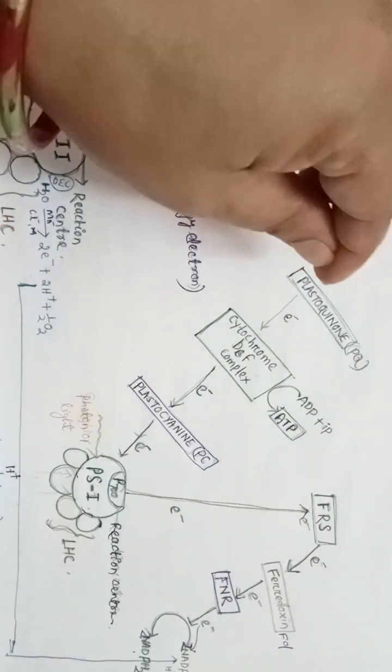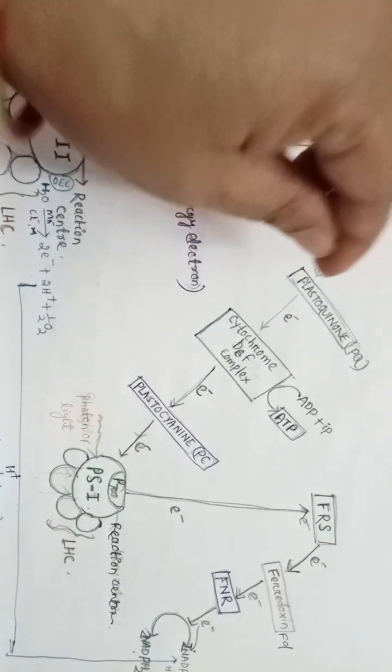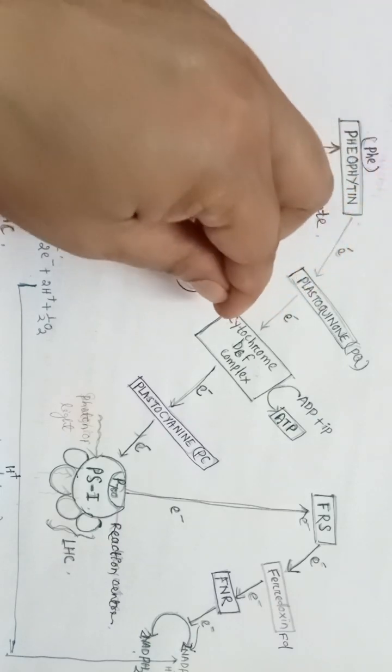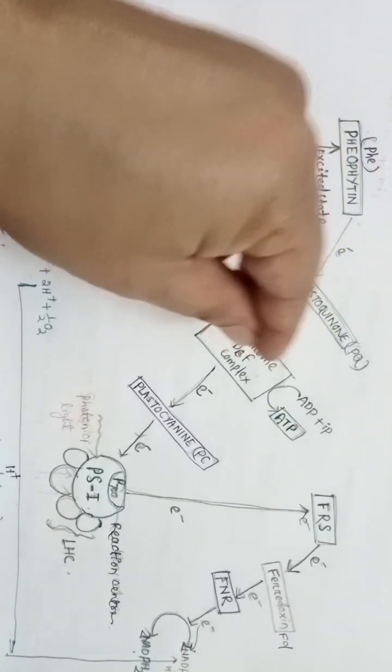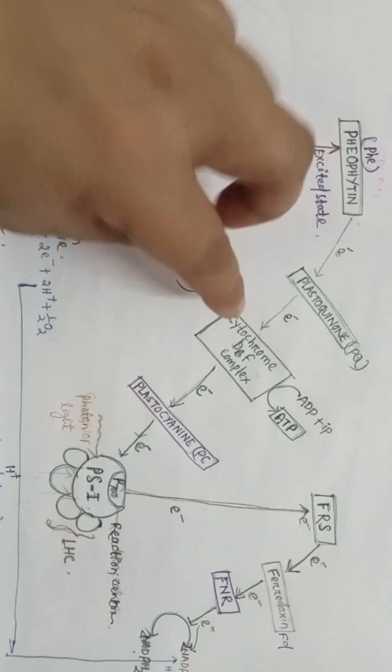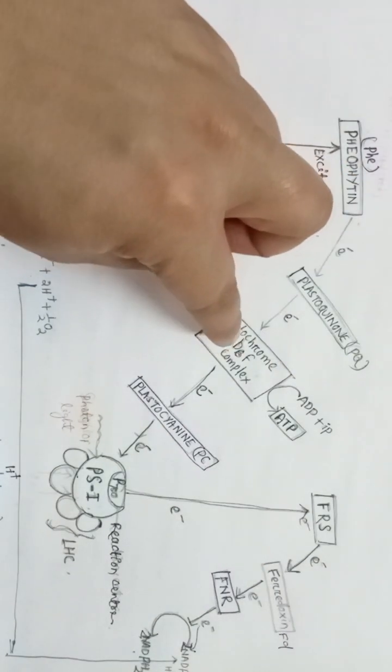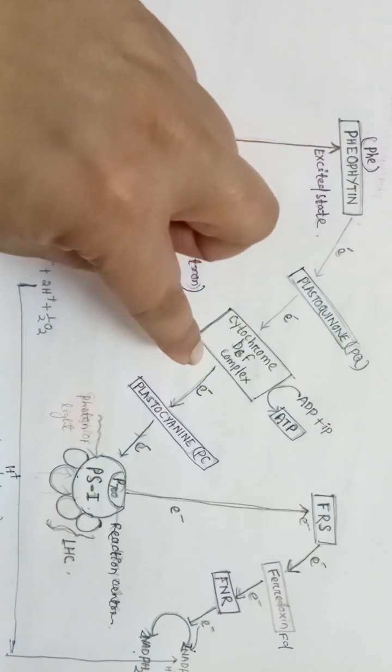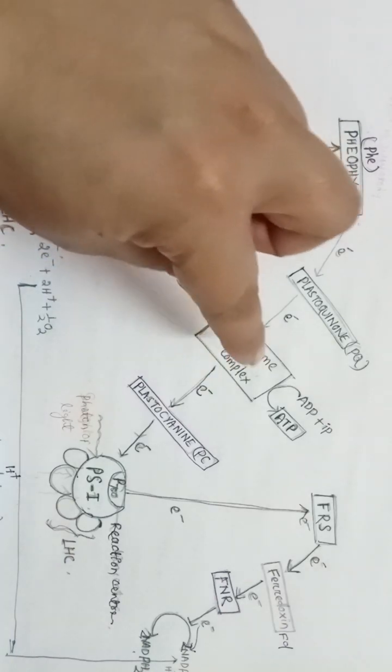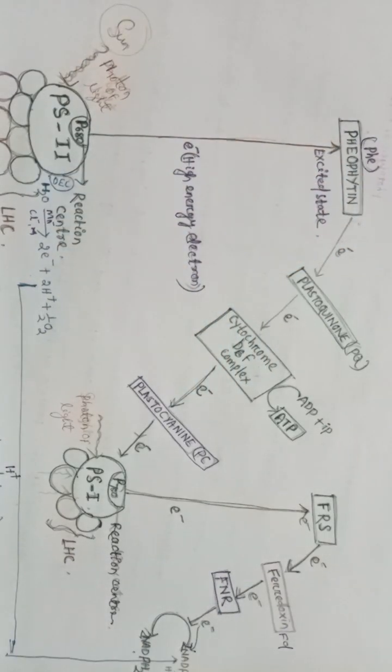Then from the plastoquinone, the electron is transported to cytochrome B6, and then it is accepted by the cytochrome F complex.